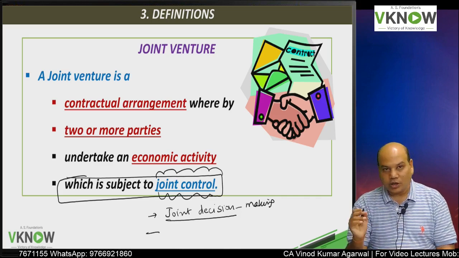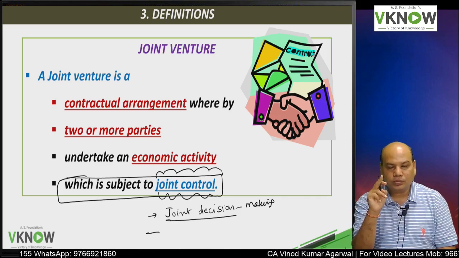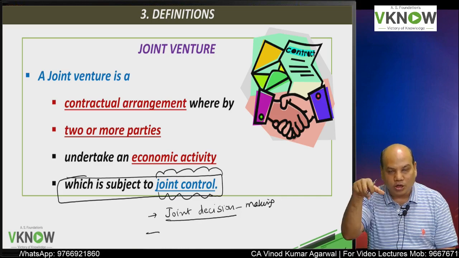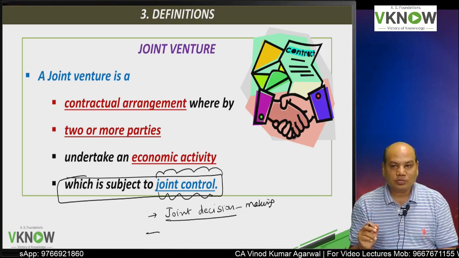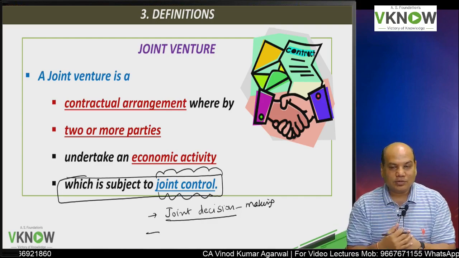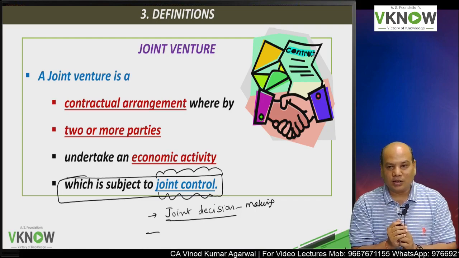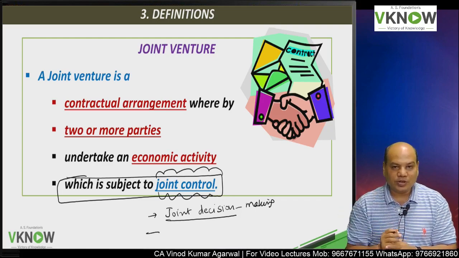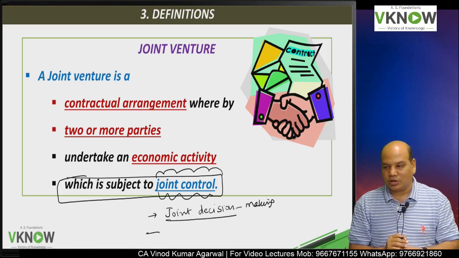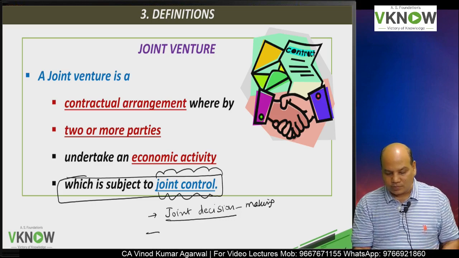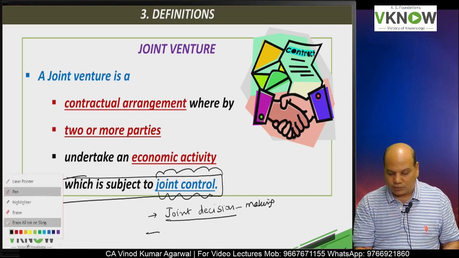Like in your home, your parents together have joint control over you. They can't independently decide for you. They will decide together whether our son has to study accounts or engineering or become a doctor. That is the example of a joint venture which you see in your family every day.